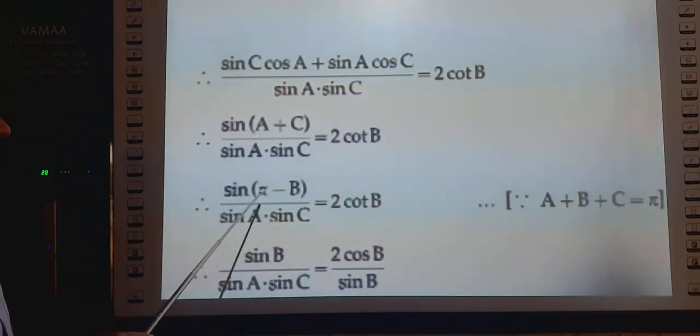So replace this sin of pi minus B by sin B. After cross multiplying, sin B into sin B, we get sin square B.